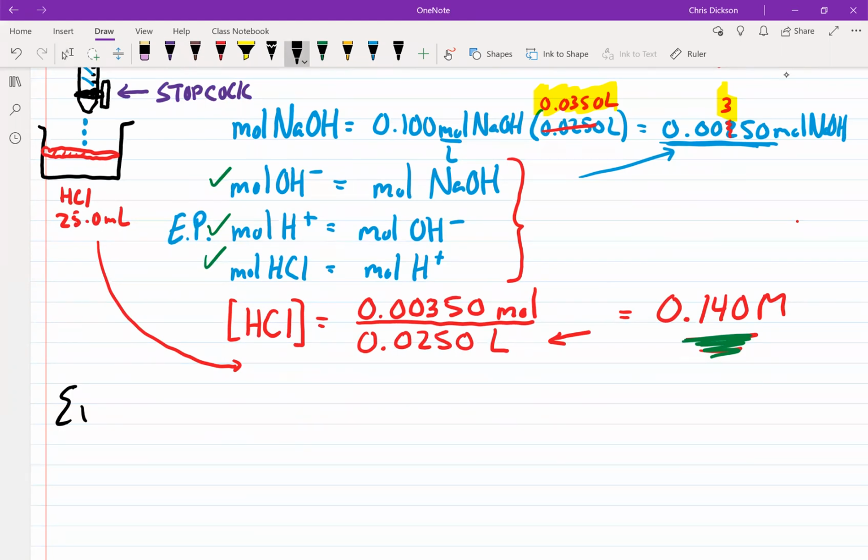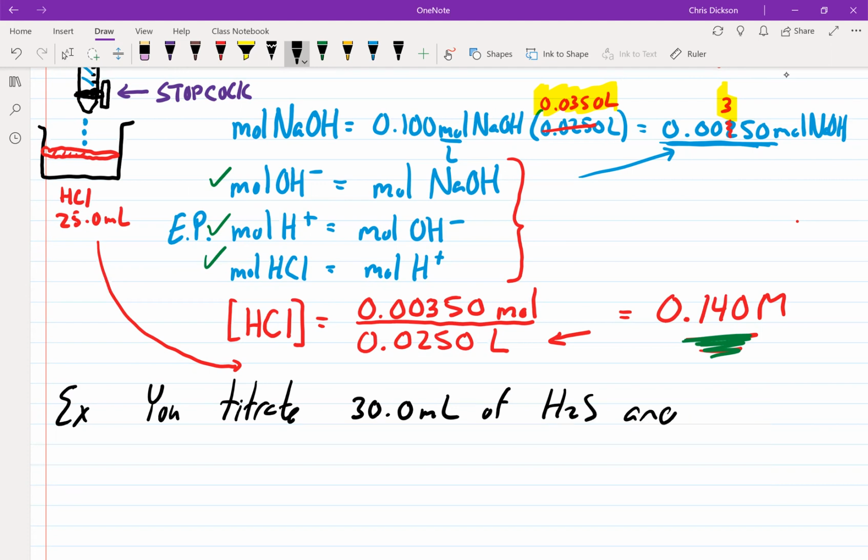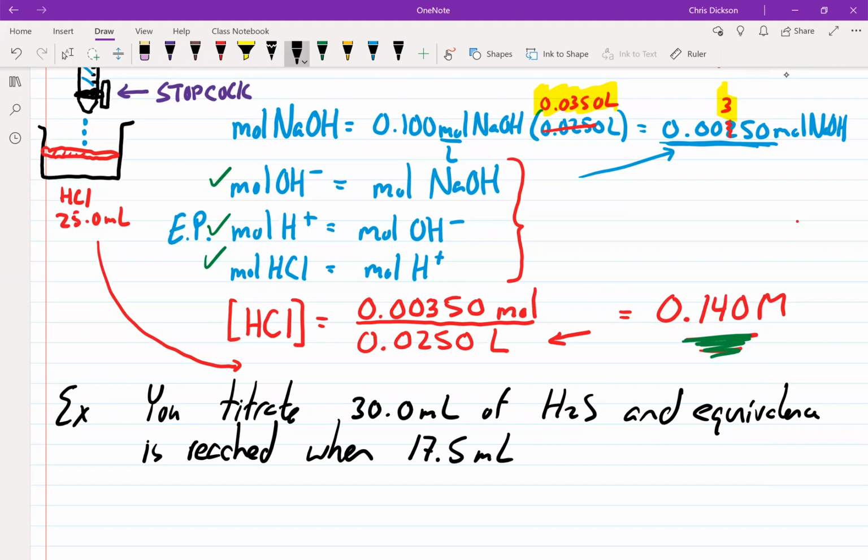Let's say, for example, you titrate 30.0 milliliters of H2S, and equivalence is reached when, let's say, 17.5 mL of 0.200 molar KOH is used.